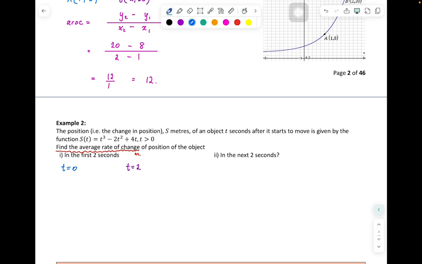We need to find out our y values. That's what we're going to do. I'm just going to show a quick substitution here before I write out the y value.